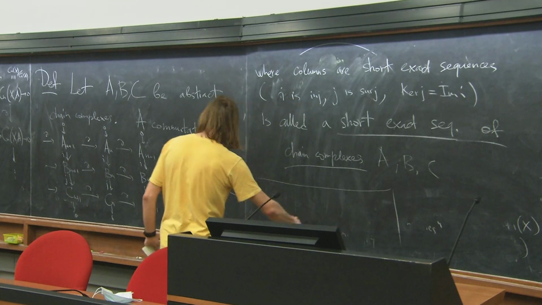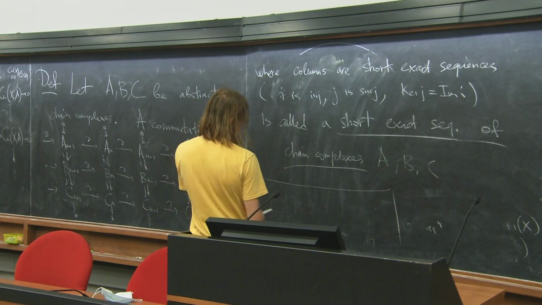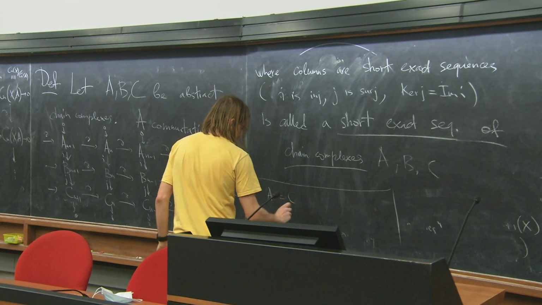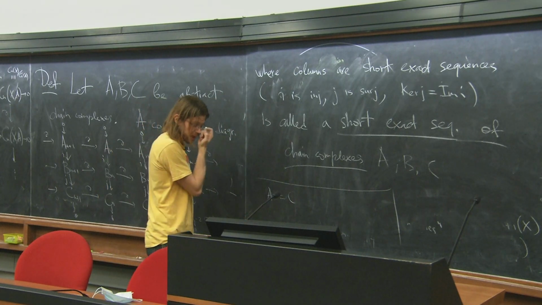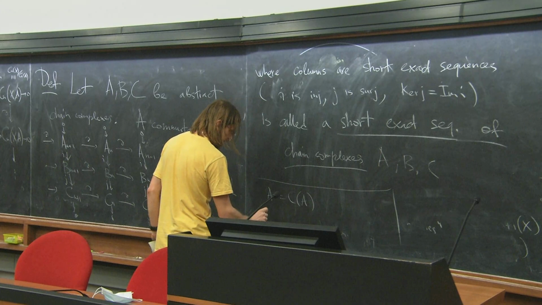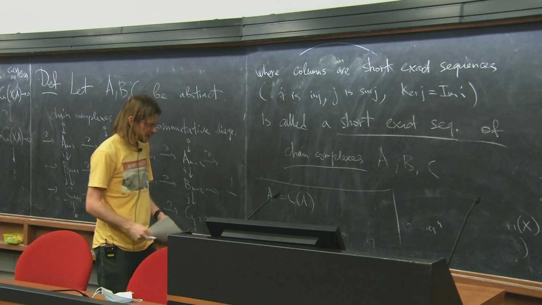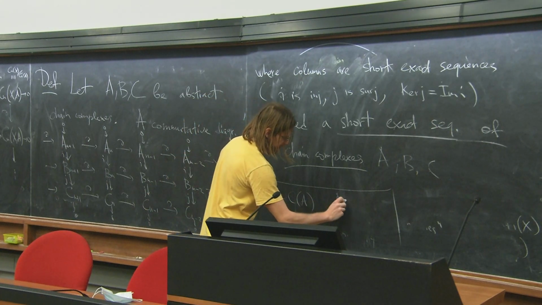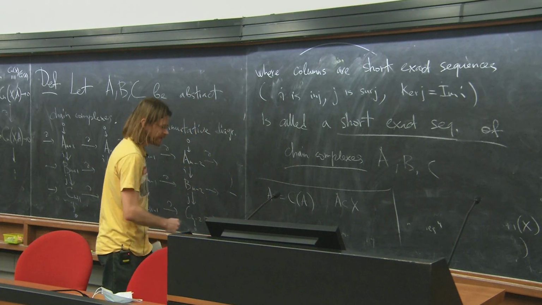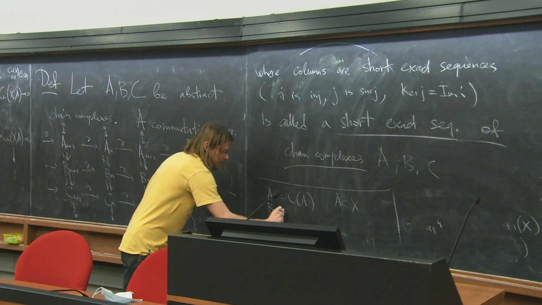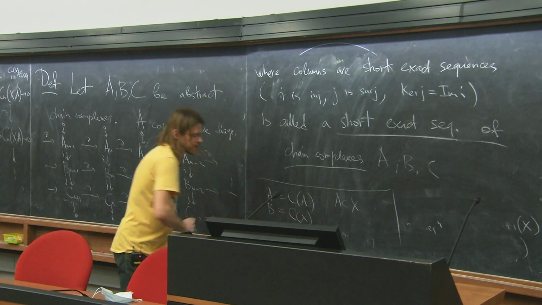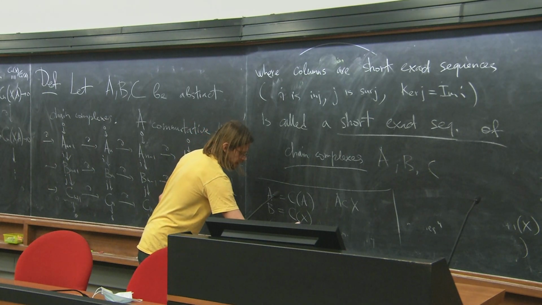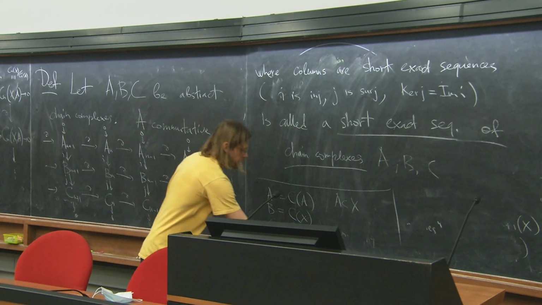So what we had before was a particular example of such a short exact sequence of chain complexes, where our A was the chain complex of single chains in A. This might be a bit confusing because here A denotes a chain complex, and here A is a topological space in X, so it's different A's. And B was the chain complex of single chains in X, and C was relative chains.